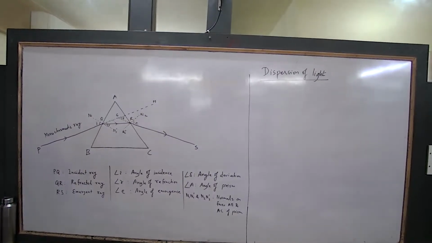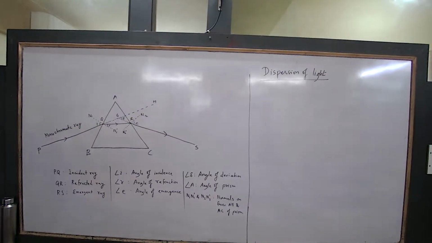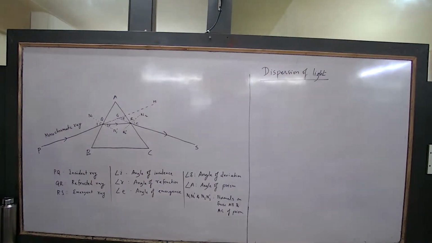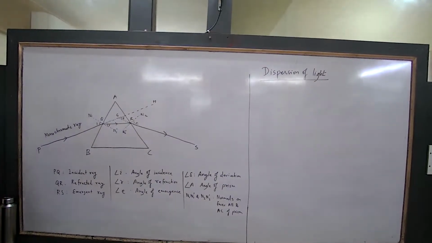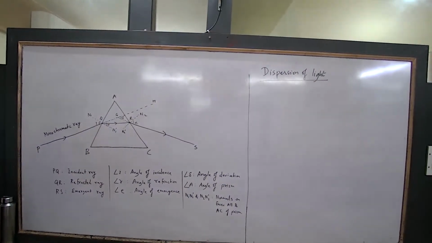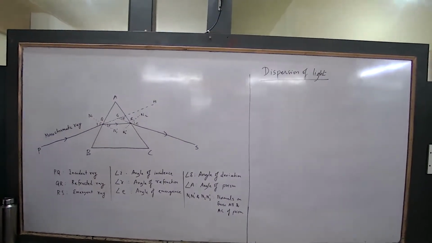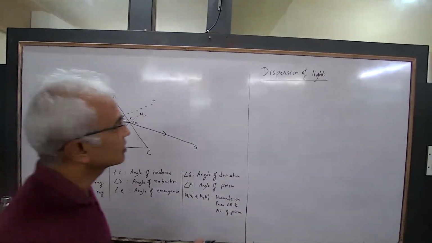Different speed of wavelength. We discussed the dependency of wavelength on refractive index, right? So what is the dependency of wavelength on refractive index? Different colored lights have different wavelength. You know this? Yes, yes. Did we discuss it in the last during the reflection of light? No. Okay. So first write this.